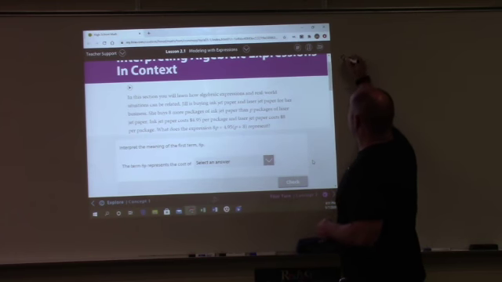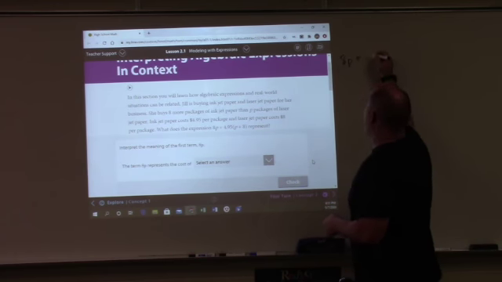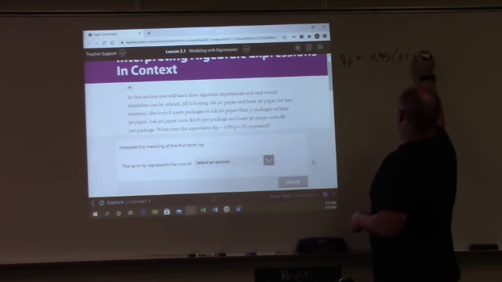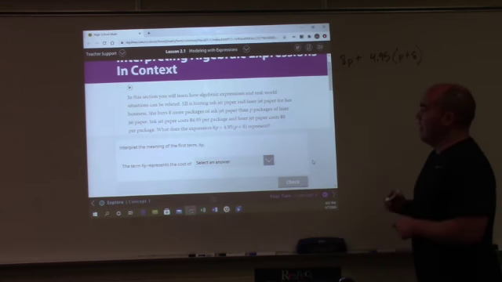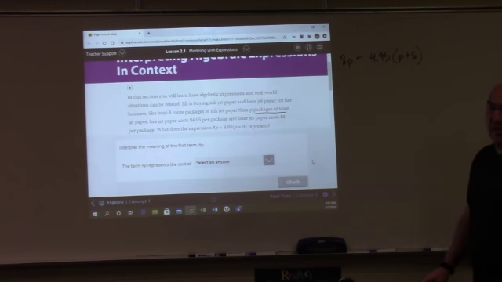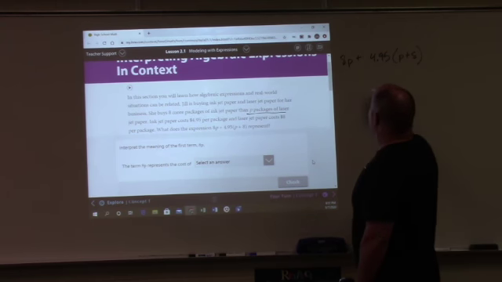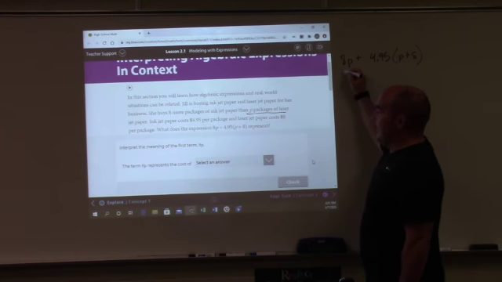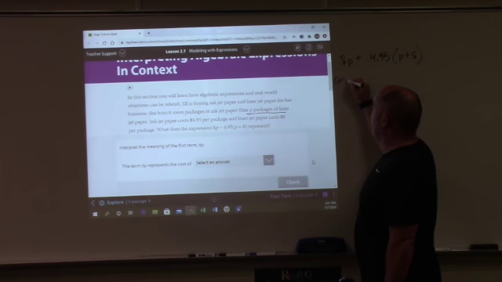Okay, so we have this expression, 4.95. Now, in the problem, it tells us that P is packages of laserjet paper. So this is 8. 8 is the cost per package of the laserjet.